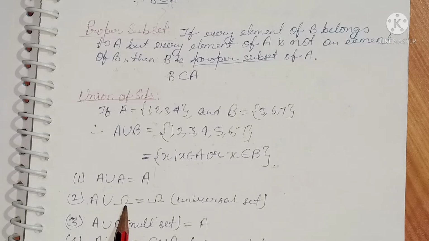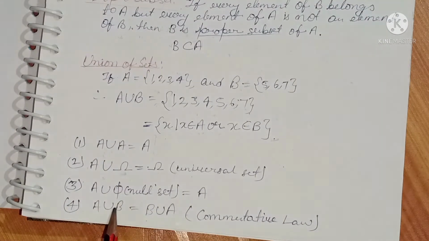Whenever any set is in union with the universal set, the result will be the universal set, because the universal set contains all the elements of set A. Then A union null set: phi is used to represent the null set. Null set means there is no element, so the union will always be A, because nothing more is included, since the null set contains nothing. So A union null set gives you only A.